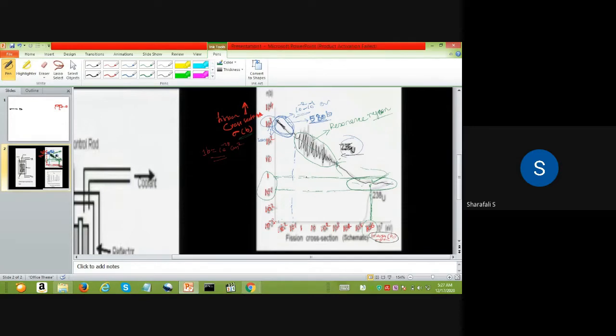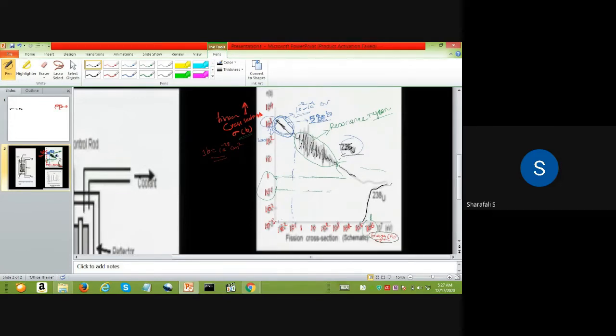But there is one more thing that I have to say. When you consider uranium 238, I'll just draw that. The uranium 238 curve is going like this. You can see it starts from here and goes like this.